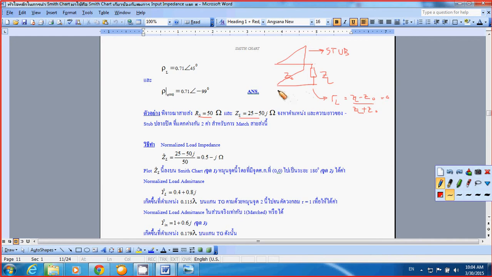And you need to find the position where you're going to bring your new stub into the original transmission line. So I put the position from the load, moving to the left, as L1, and you also need to find the length of your stub. I put this one as the length L2.